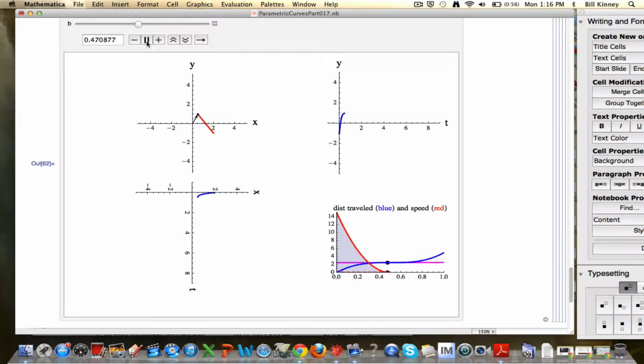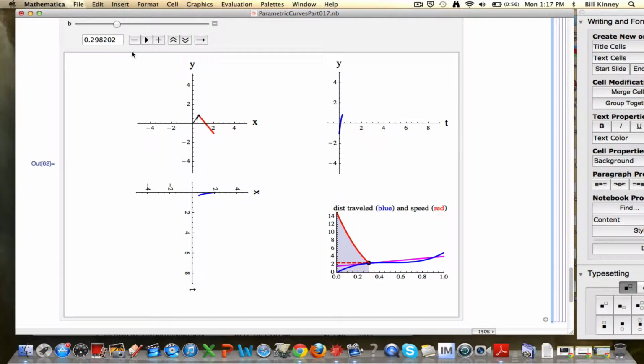There is an instant in time where the instantaneous speed is 0, but theoretically the person is actually always moving to the upper left here, even though there's a time where the instantaneous velocity is 0. All right, so that's how you add an arrow, and that will be useful to us.